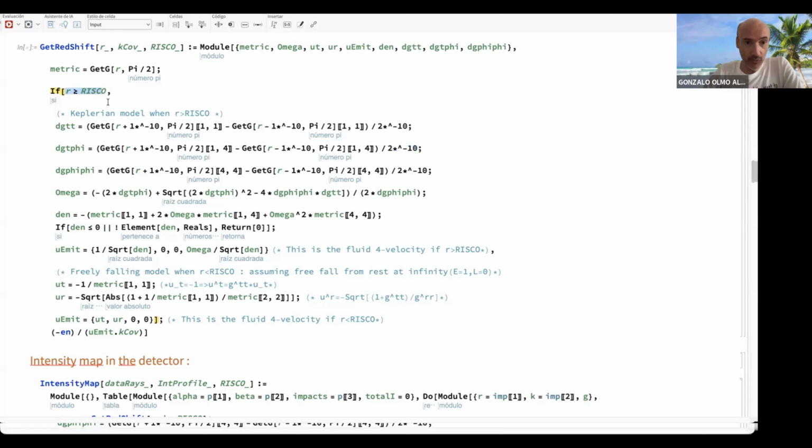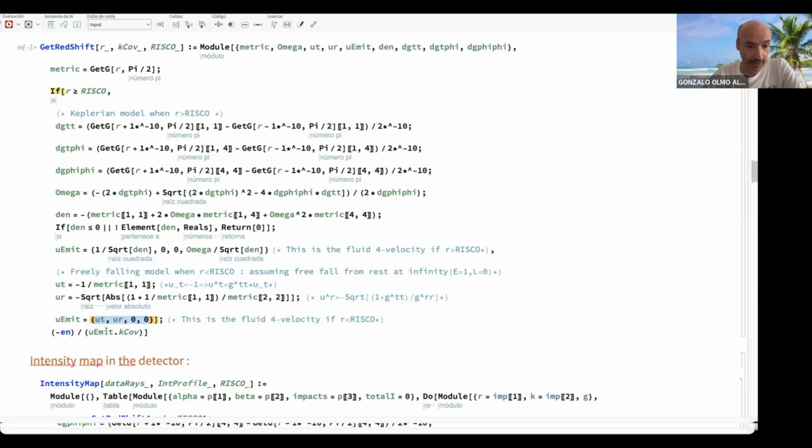So this is what we are doing. If the location of the point that we are studying is beyond the ISCO, then we consider Keplerian orbits. If the radius is below the ISCO, then we assume that the gas is being accreted radially towards the black hole. In that case, the velocity vector is given by this expression.